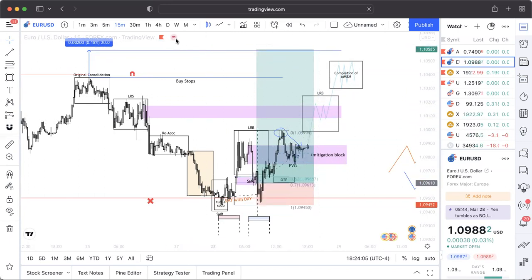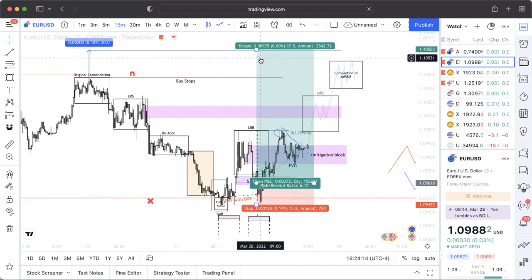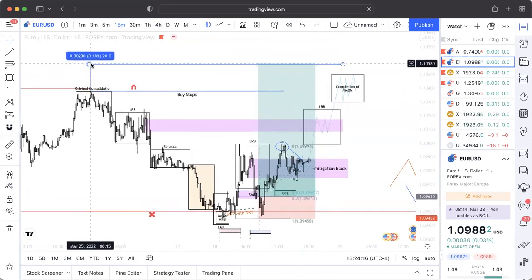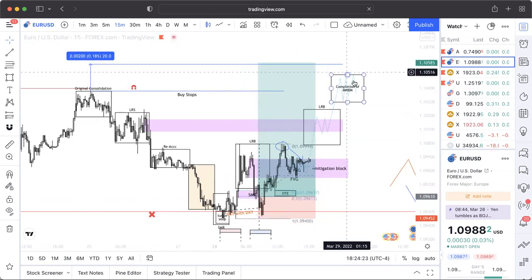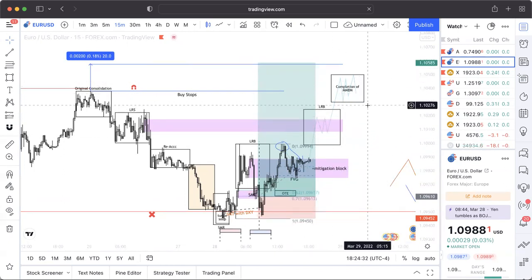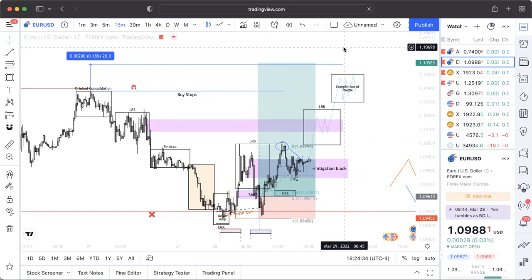So you're only using it as a bias, but after it's completed, at that point you close the trade, you target like 20 pips, you can do a bunch of things, to be honest, but it's not really an exact way of doing anything after it's completed. It just completes, and after that, anything. Who knows what patterns and what the market does after that? Nobody knows.